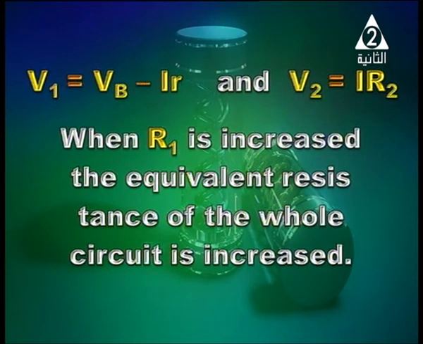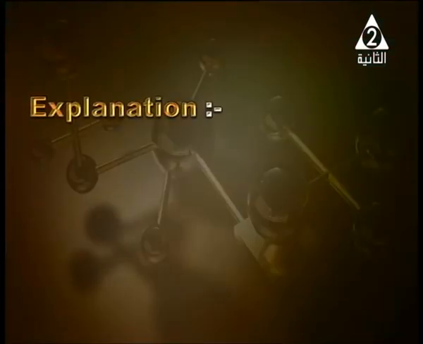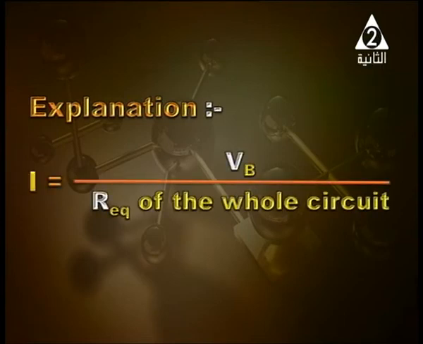When R1 is increased, the equivalent resistance of the whole circuit is increased. Explanation: since I is given by V battery over R equivalent of the whole circuit, if we decrease the equivalent resistance, the current increases.